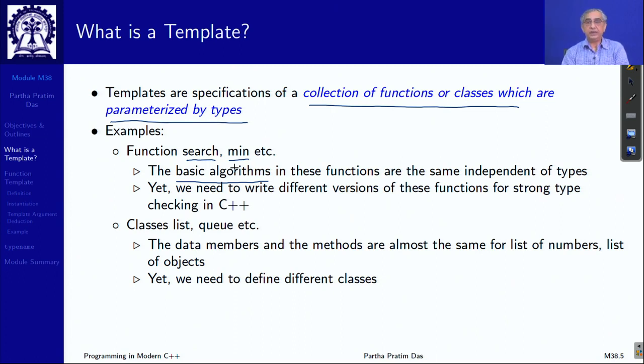So, stack of integers, stack of double, stack of strings, stack of complex, stack of my class, all of these will have to be written, even though the basic logic of push, pop, top, empty and all that will be the same.